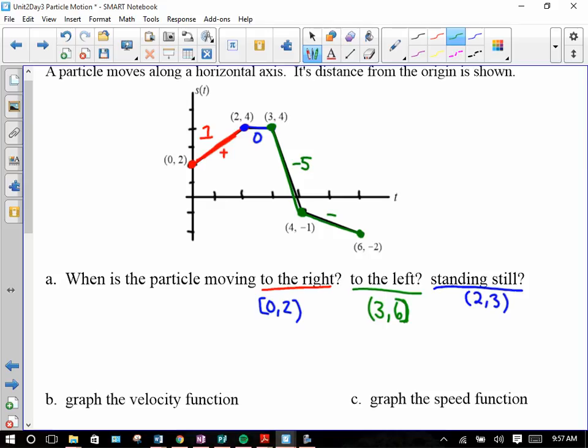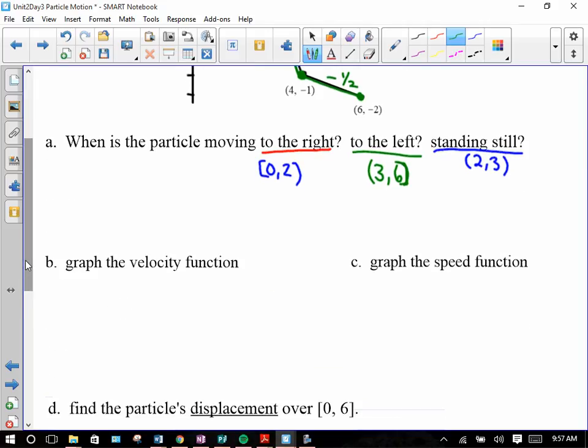And the last part goes down 1 over 2, a negative 1/2. So we know our slopes: 1, 0, negative 5, and negative 1/2. Now I'm going to create my axis.